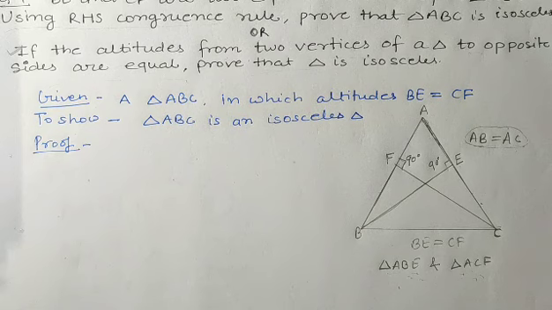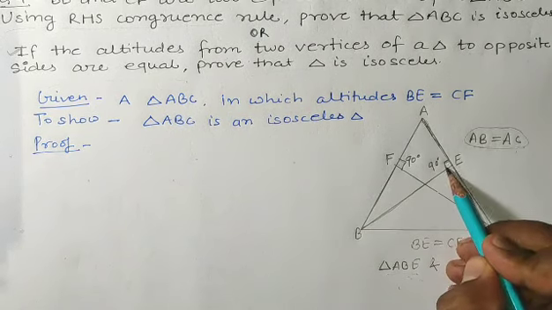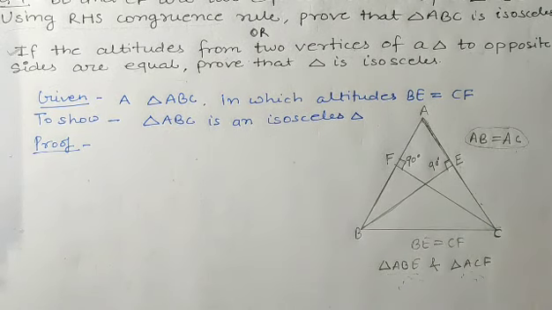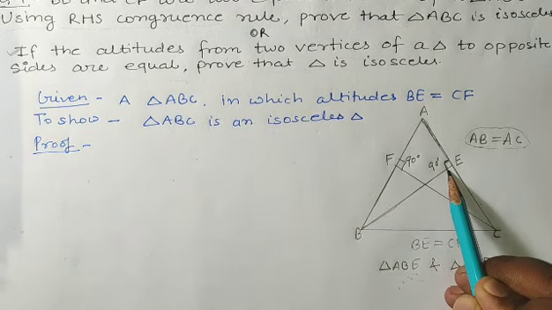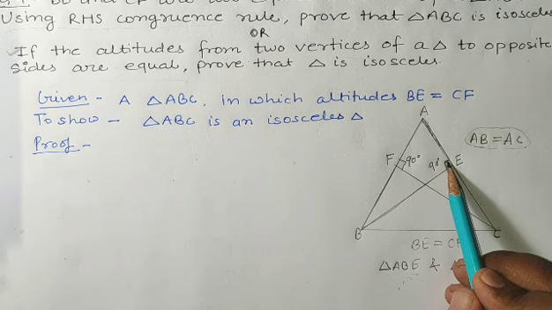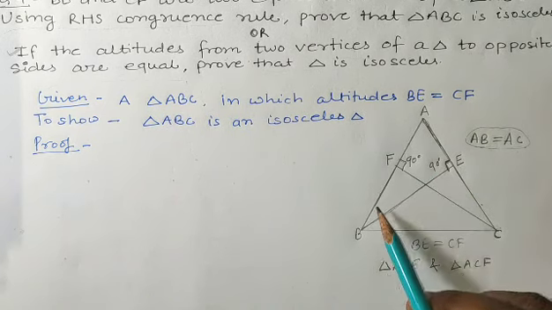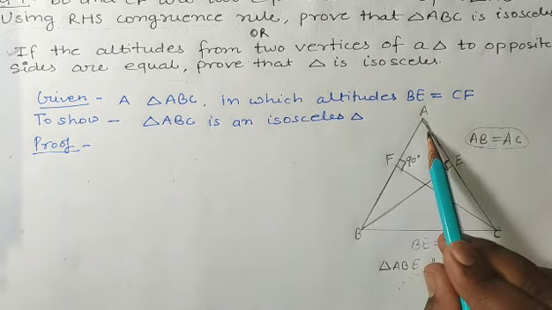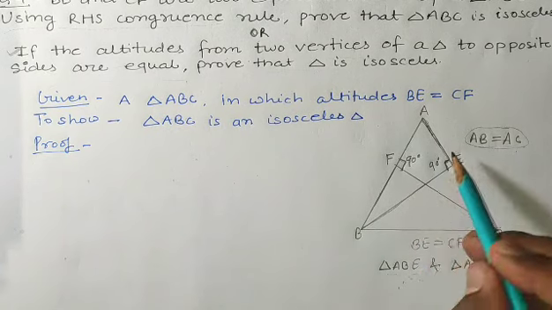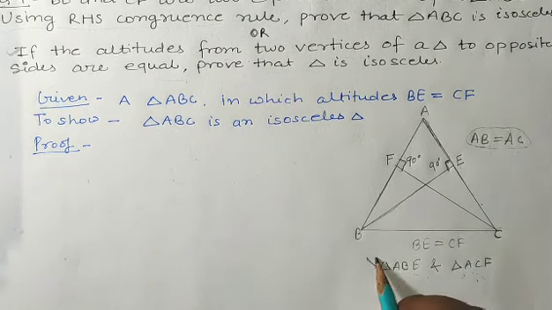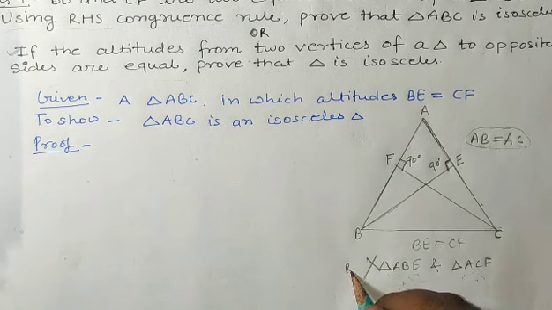So see, in these two triangles, can we apply RHS or not? The right angle is there, and the hypotenuse is the side just opposite, which is AB here and AC there, which is what we have to prove equal. So if we take triangles ABE and ACF, we cannot apply RHS.